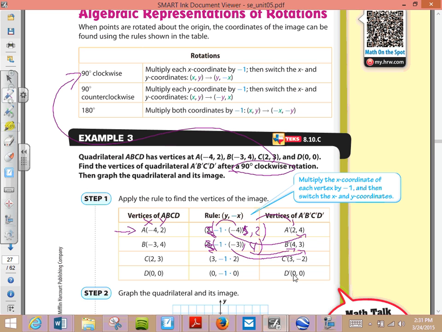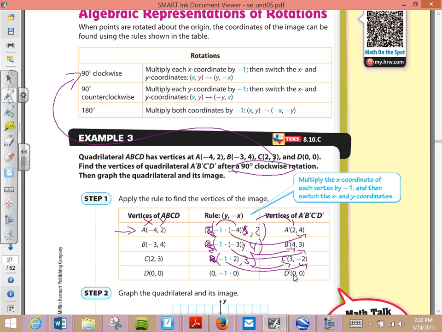Same for the next one. And then 3. We don't touch the y, but we multiply the x by negative 1. So we get negative 1 times 2. What do you get? Negative 2. And then we switch them, so the x becomes the y, and the y becomes the x. Are we understanding that part?